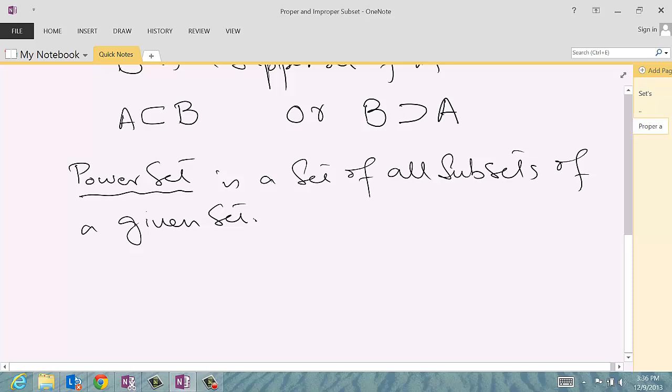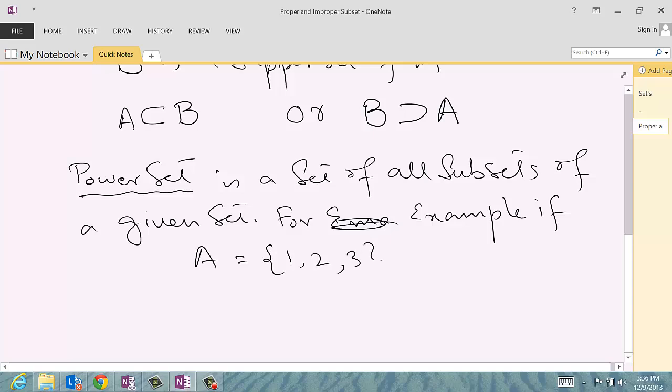For example, if A is equal to {1, 2, 3}, then the set of all subsets of the set A is denoted by the power set of A, and the subsets of A are going to be members of this set.